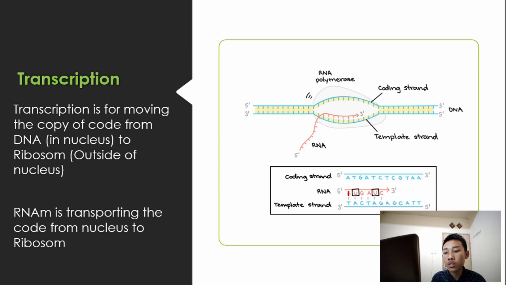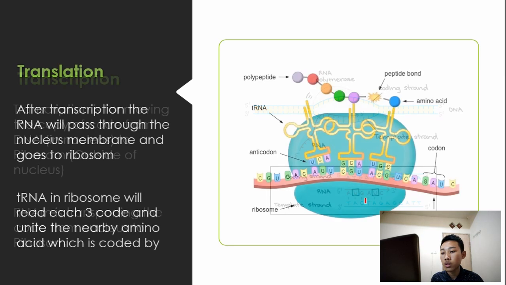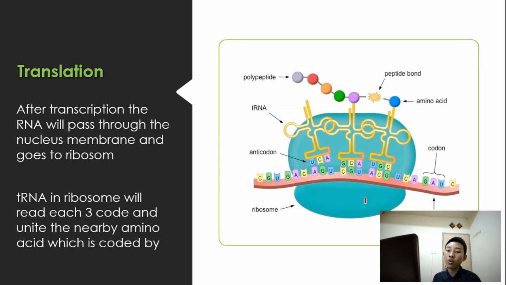So after the RNA transcribes the template strand of DNA, the RNA goes to the ribosome, passing through the nuclear membrane. Transfer RNA at the ribosome will read each 3 codes and unite the nearby amino acid which is coded by it.